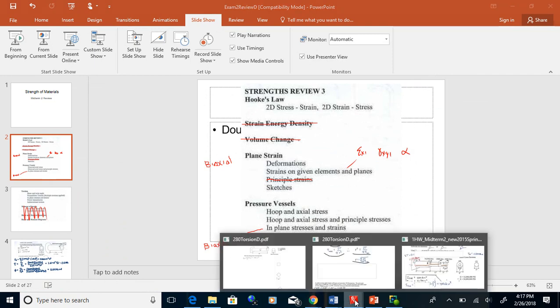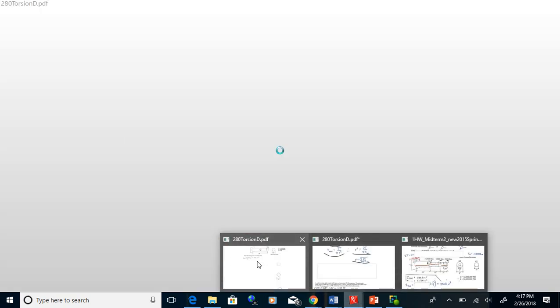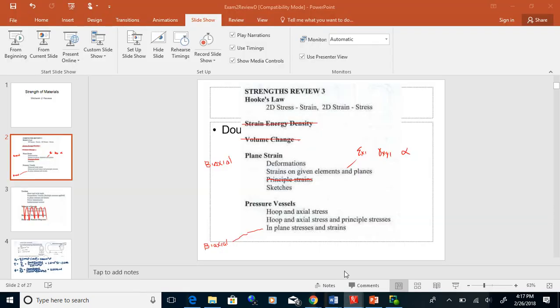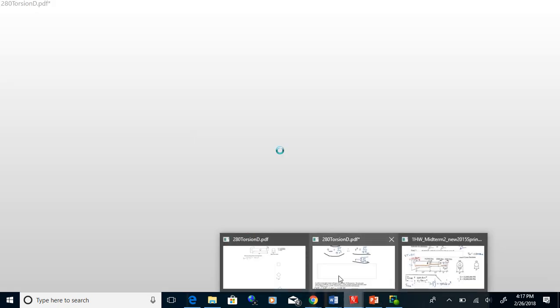Let's finish up torsion here. So torsion is kind of the end point of what we got here on this test. Okay, it's the last bit. Let's go here.